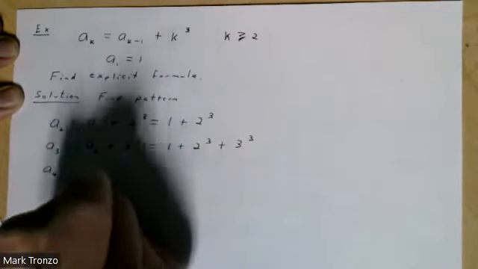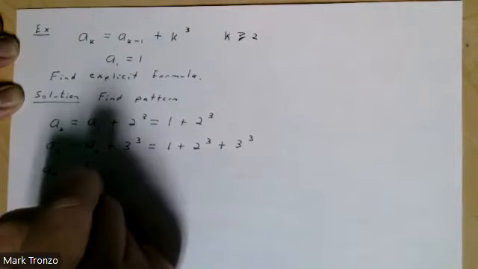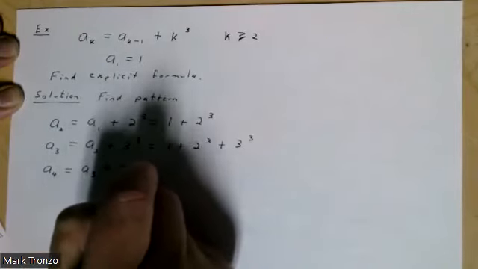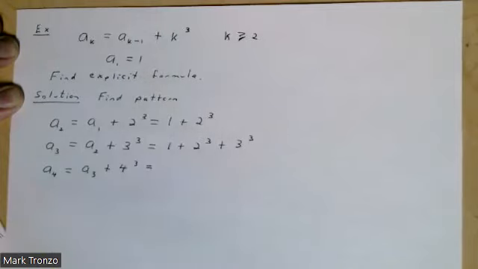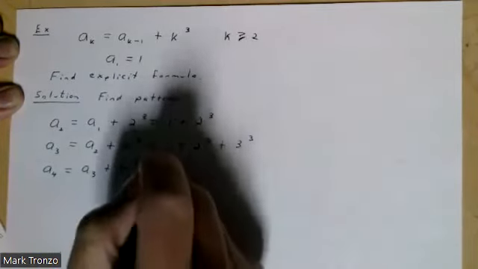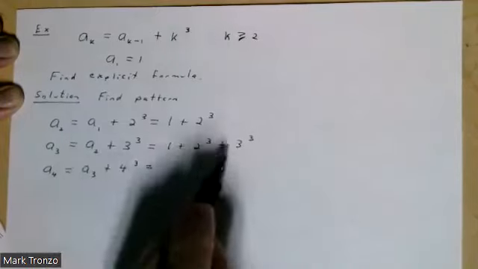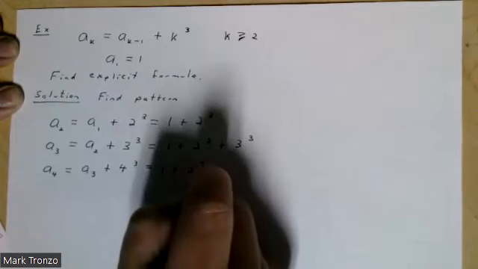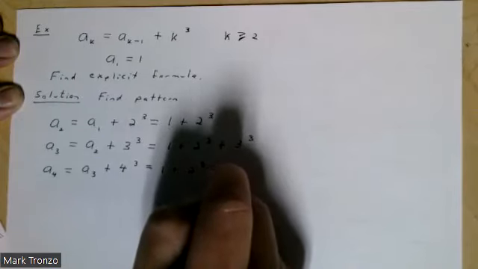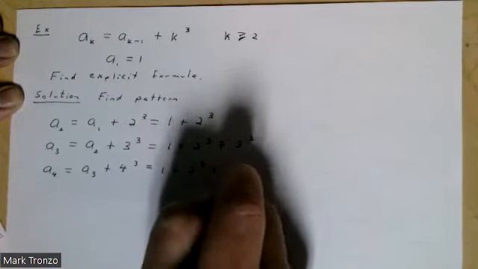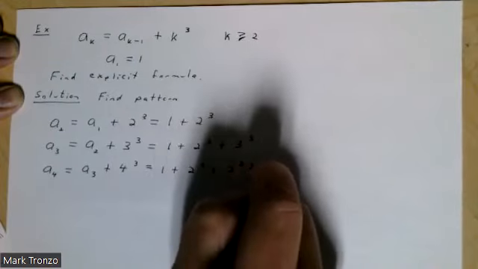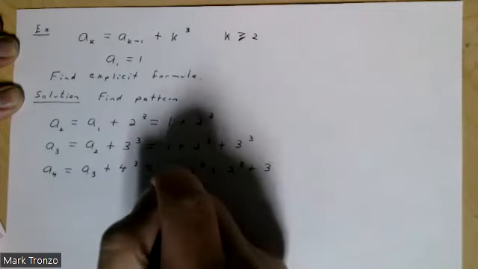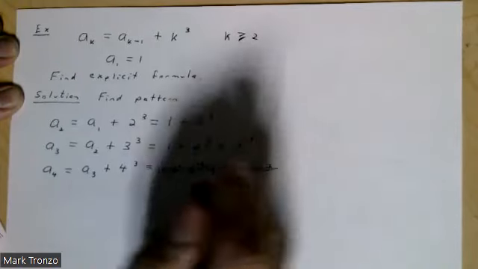A4 is A3 plus 4 cubed, which is equal to A3 was this. Oops, I messed that up.